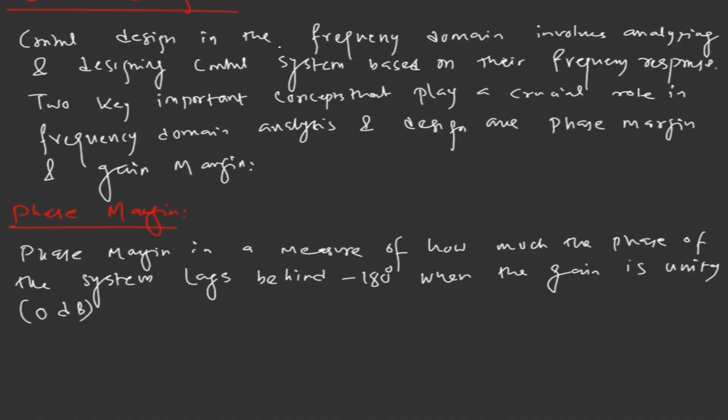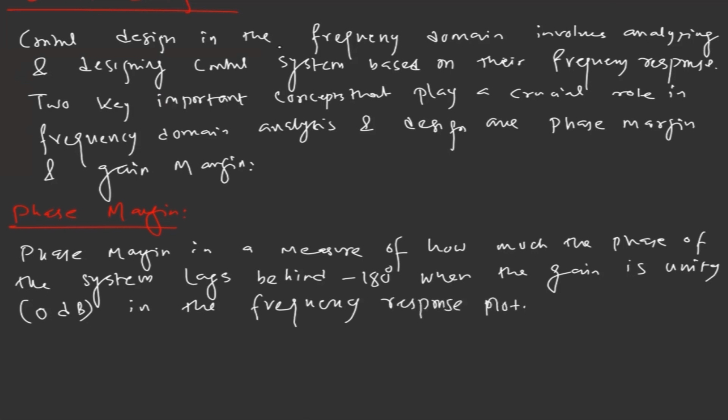The decibel part I'll come later in this lecture. First, let me explain what are these parameters: phase margin, gain margin. Is unity in the frequency response plot.